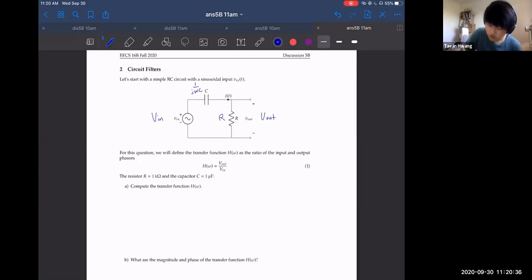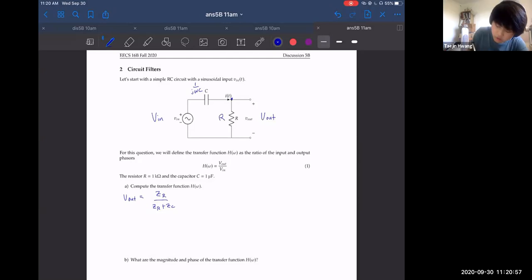And then you might remember the voltage divider formula, that V out is equal to Z_R all over Z_R plus Z_C. And we can again use voltage dividers because impedances behave the same way as resistors.